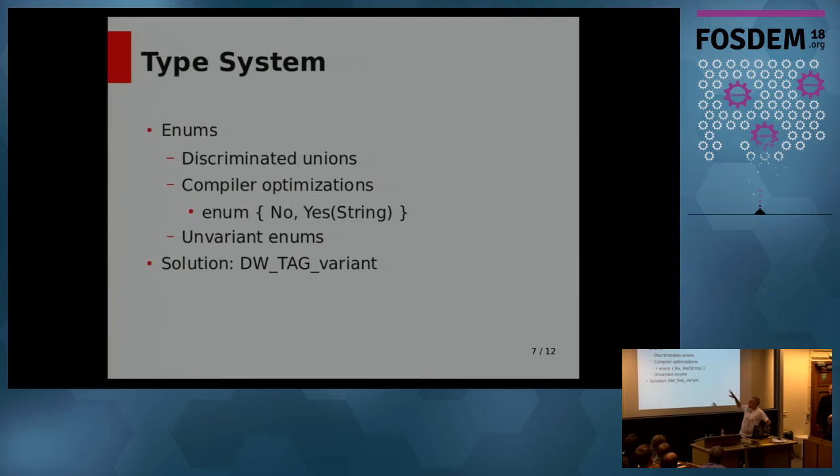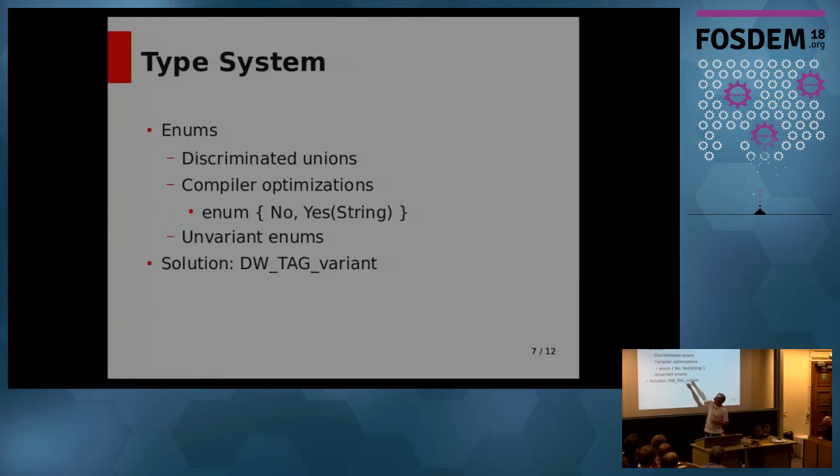Now Rust does some optimizations with enums as well. For instance, take this enum, no and then yes holds a string. Well, no doesn't carry any data, right? It's just a, I forget what the word for that is. And yes carries a string with it.